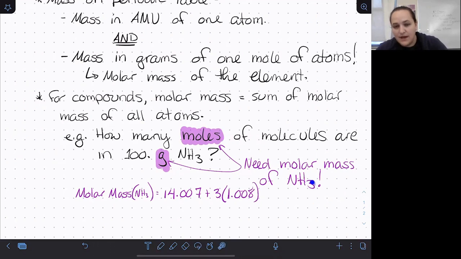Since there are 3 atoms of hydrogen, we need to multiply that molar mass by 3 because that mass on the periodic table represents 1 mole of individual atoms. And if we had a whole mole of ammonia molecules, we would actually have 3 moles of hydrogen atoms. So we're just finding the masses from our periodic table.